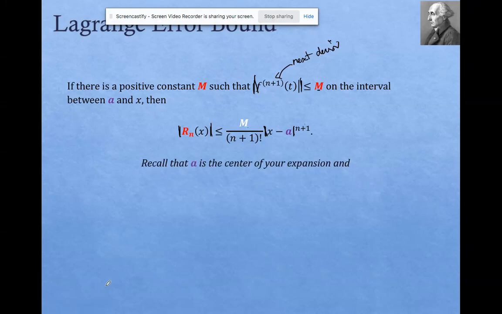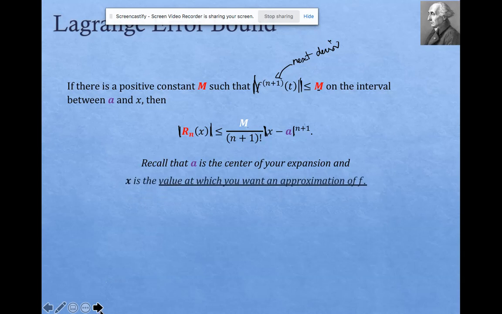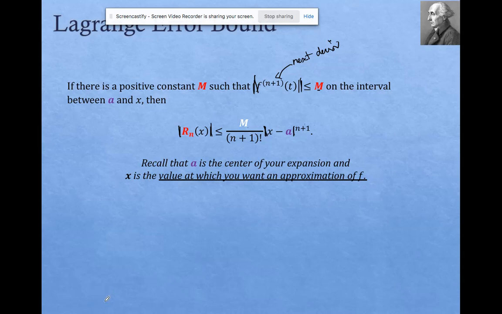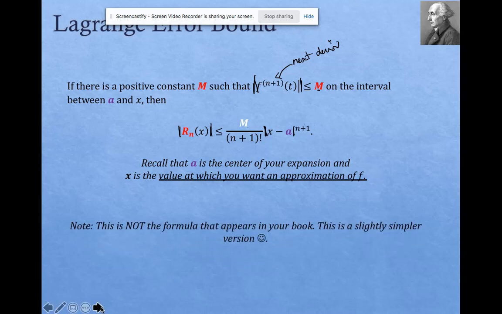Remember, a is the point of tangency or the center of the expansion. x is the value that you want to approximate. So remember in our example, I wanted to approximate e to the negative 2x at 0.2. Our book uses a slightly different formula, but I like this version better.